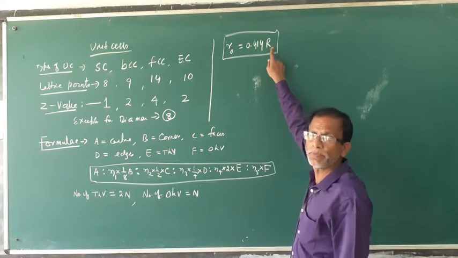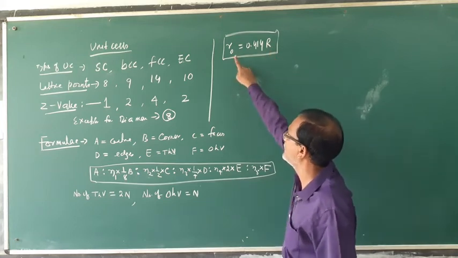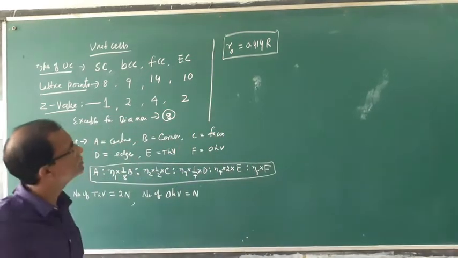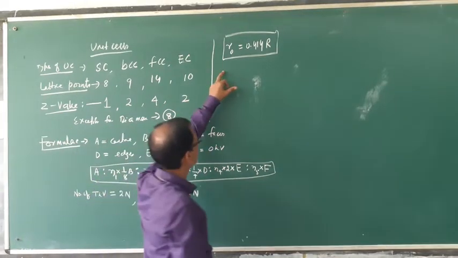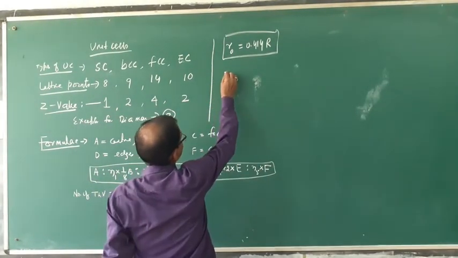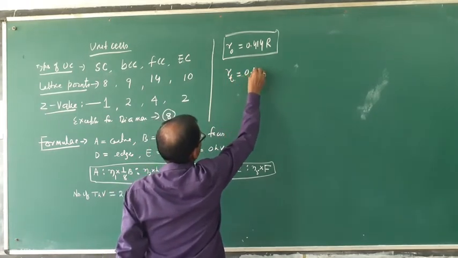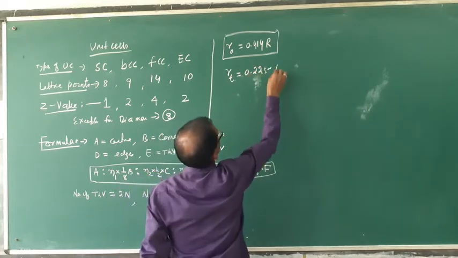Capital R means the sphere and R_O is the void. R_O is equal to 0.414 capital R, that is for octahedral. For tetrahedral, R_T is equal to 0.225 capital R.